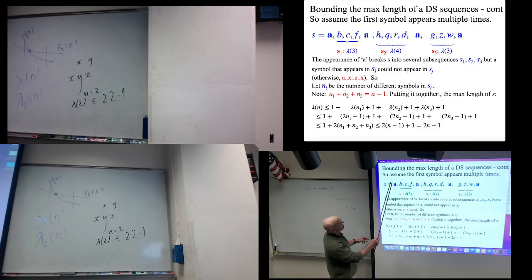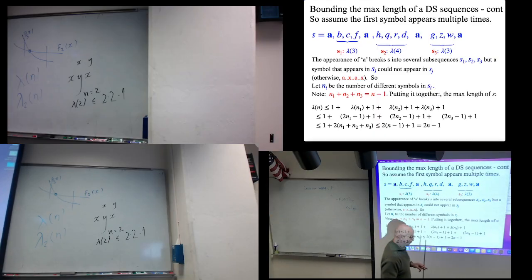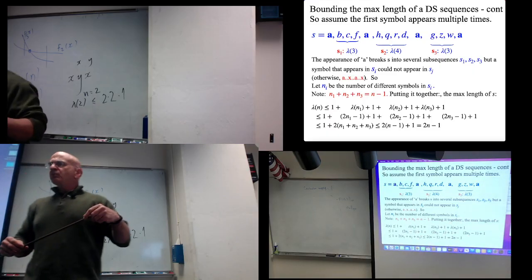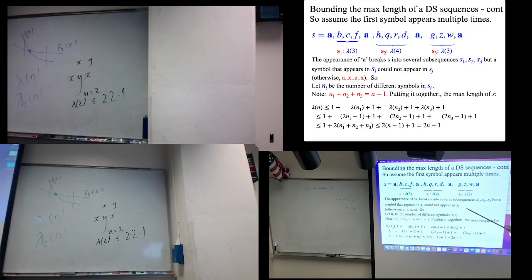So here is my sequence. A appeared once here, once here, once here, and once here, and possibly many more times. And what A is doing right now is that it partitions S, or it breaks S into A, then a bunch of characters, then A again, a bunch of characters, A again, a bunch of characters.